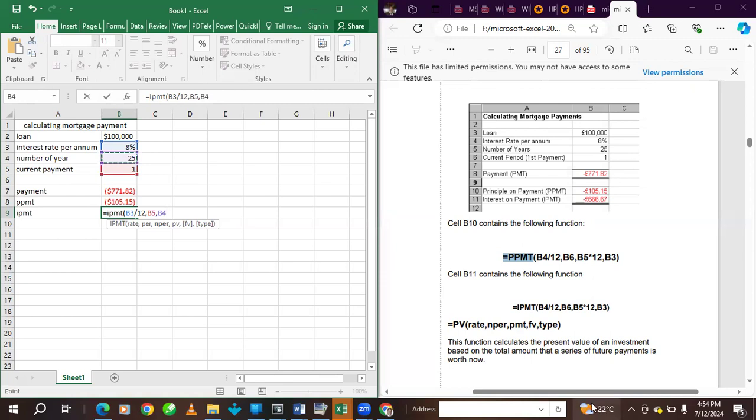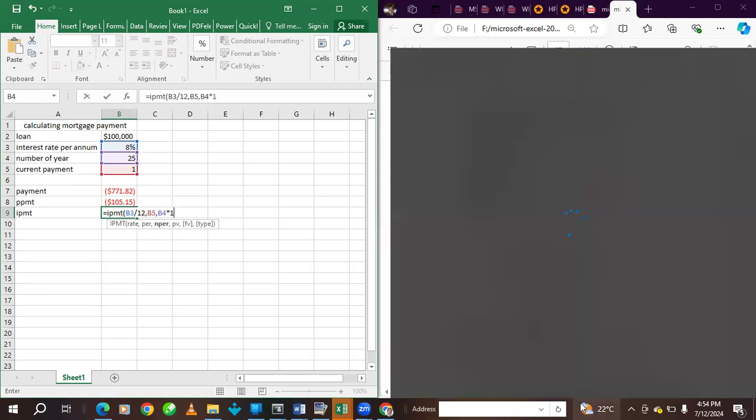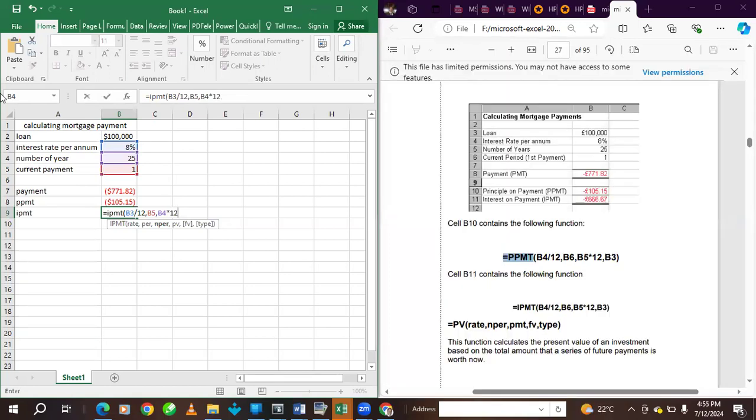The number of years you multiply by 12, then you can be able to do it. You can also multiply the loan itself.